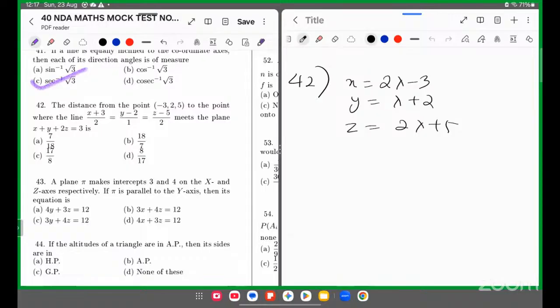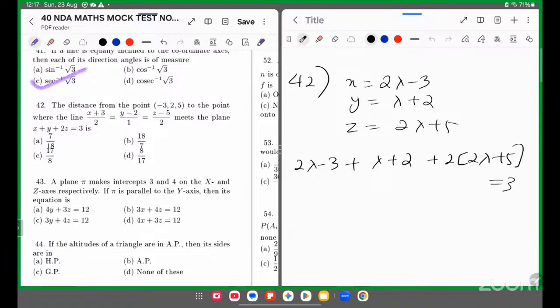This line is meeting the plane, so this point can be put on the plane also. So 2 lambda minus 3 plus lambda plus 2 plus 2 into 2 lambda plus 5 equals 3.